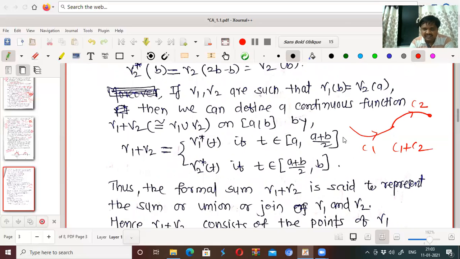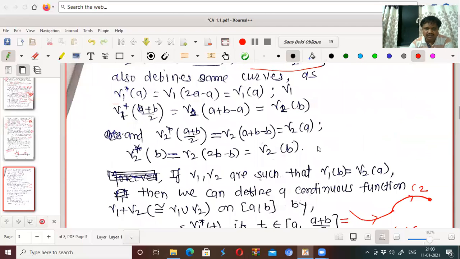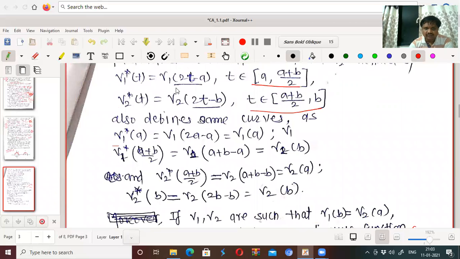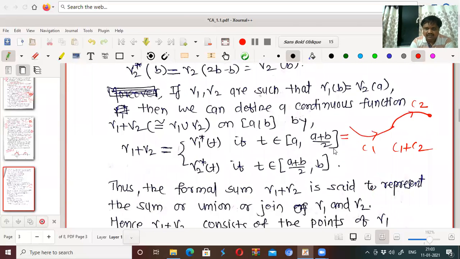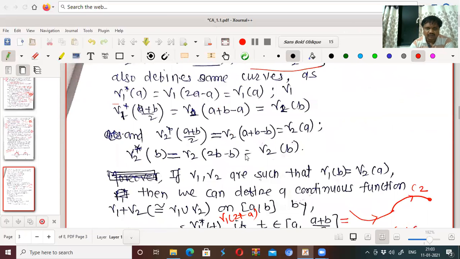What do you mean by gamma 1 star here? For t belongs to a to a plus b by 2, gamma 1 star gives gamma 1 at 2t minus a. And this is gamma 2 at 2t minus b for the second curve.